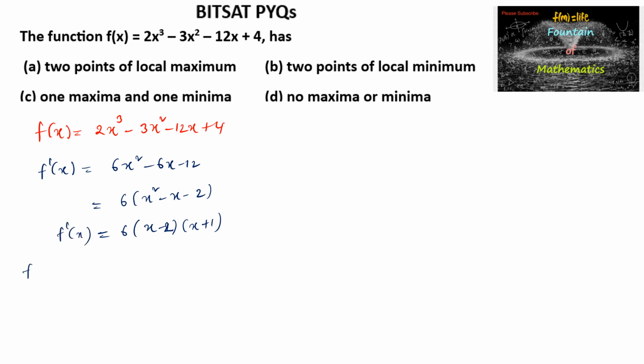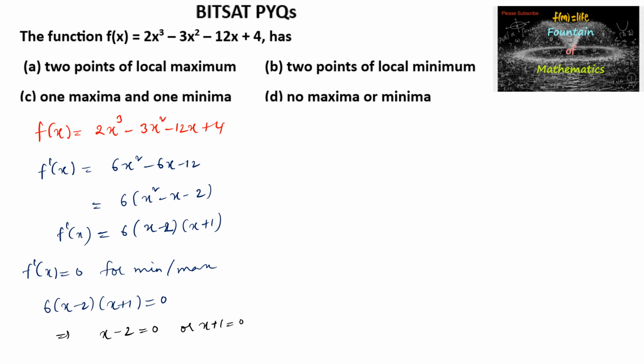And now f dash of x is equal to 0 for minima or maximum. So we can say 6 times of x minus 2 into x plus 1 is equal to 0, which implies either x minus 2 is equal to 0 or x plus 1 is equal to 0. That is x is equal to 2 or x is equal to minus 1.